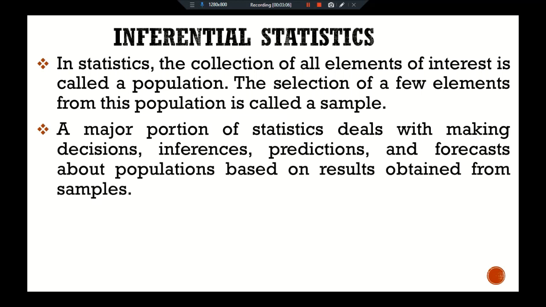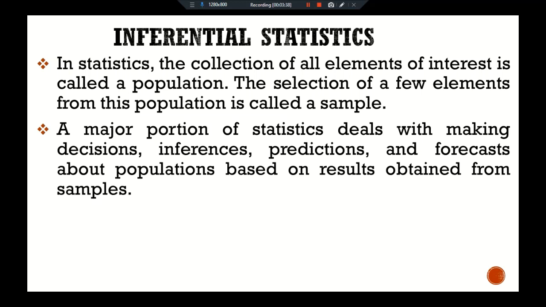As another example, we may want to find the starting salary of a typical college graduate. To do so, we may select 2,000 recent college graduates, find their starting salaries, and make a decision based on this information. The area of statistics that deals with such decision-making procedures is referred to as inferential statistics.